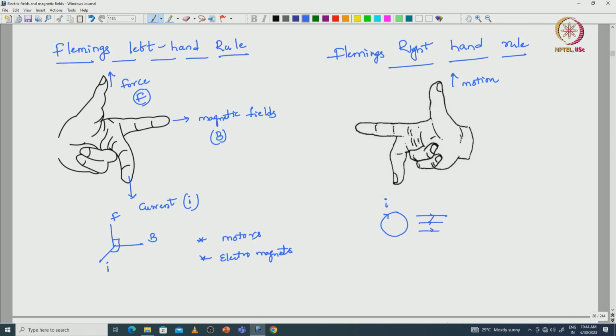In either case, the forefinger represents the same B fields and the middle finger represents the induced current. So, in order to find the induced current with respect to the motion and magnetic fields, we will utilize the right hand rule, which is used in electric generators.